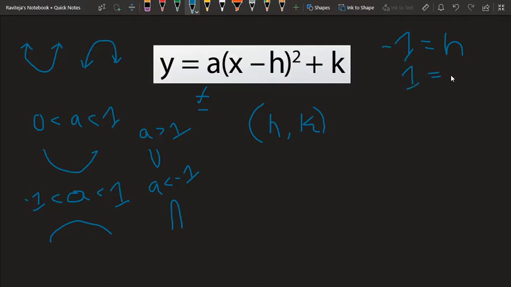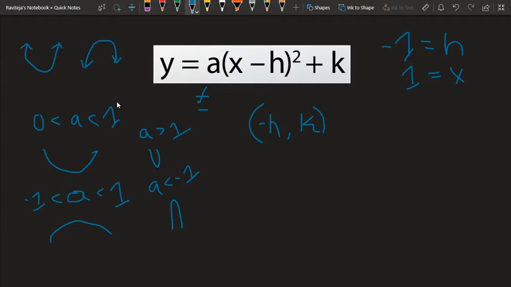For our vertex, the x value would be +1. And that's because to find the x value for our vertex, you want to find the opposite sign of the h given to you. So for example, since we had -1, the opposite sign of -1 is positive. So +1 would be our x value. So in that sense, you can basically say that -h is the x value to your vertex. And then you just find k by looking at the k value in your quadratic equation.